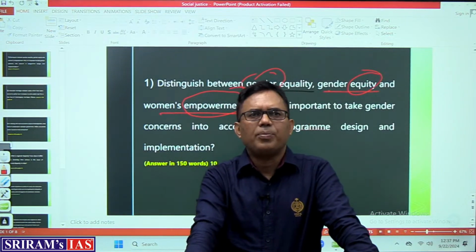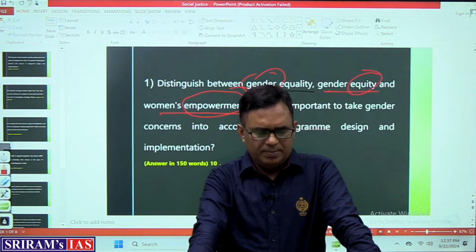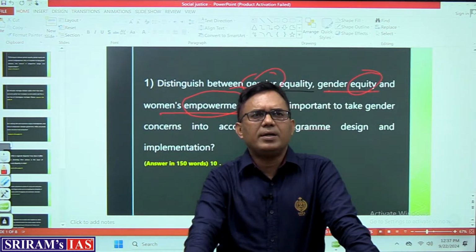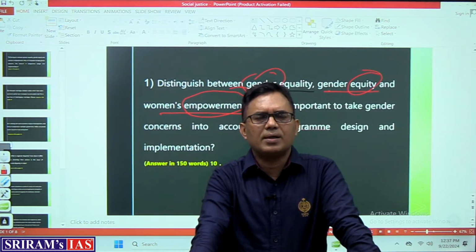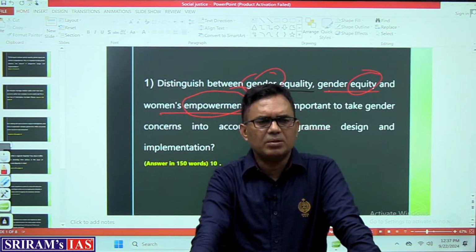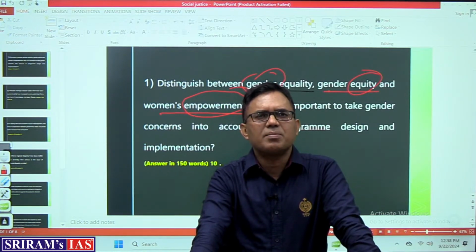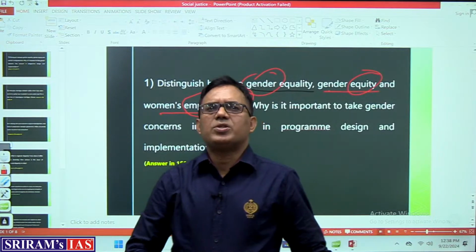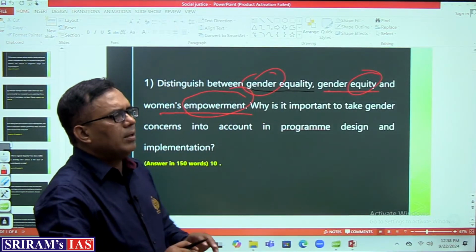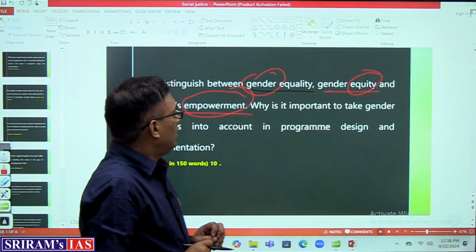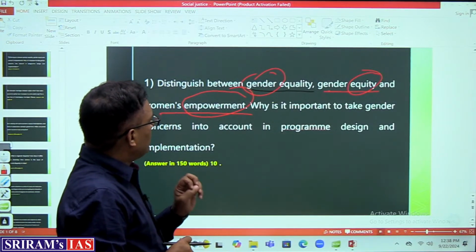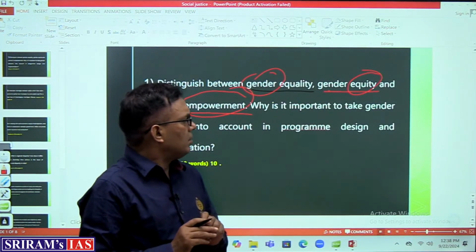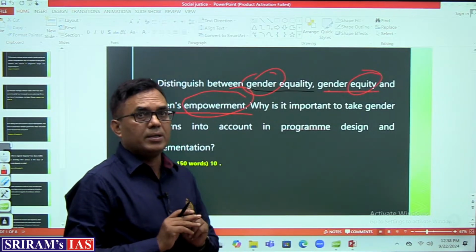First is the term gender. We all know that gender is a socio-culturally constructed concept which defines the relationship between man and woman in society. Sex is a biological division; gender is a kind of sexual division based upon the culture and values of the society itself.